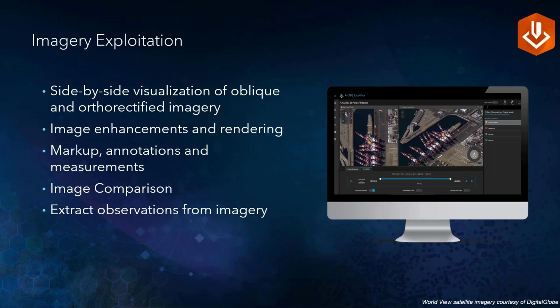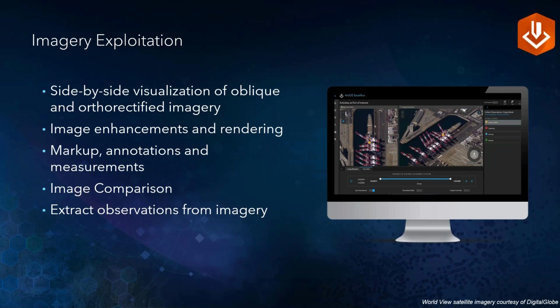So some analysts are challenged with using multiple applications when completing an imagery-based task, using one application to gain geospatial reference information and another application for imagery exploitation. Excalibur integrates these separate workflows by visualizing oblique and ortho images side by side in a single application view to understand context and gain more insights from your imagery.